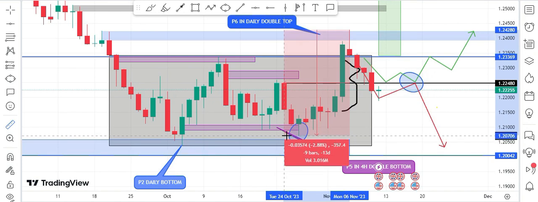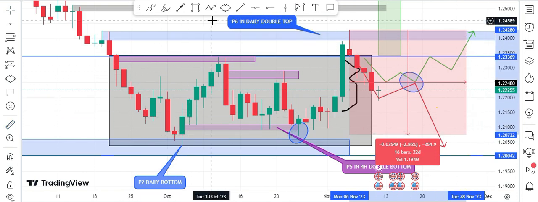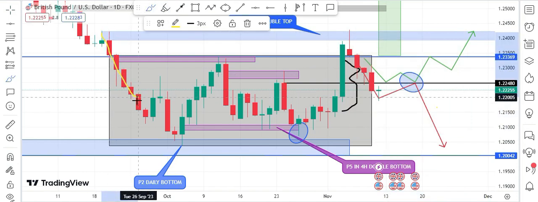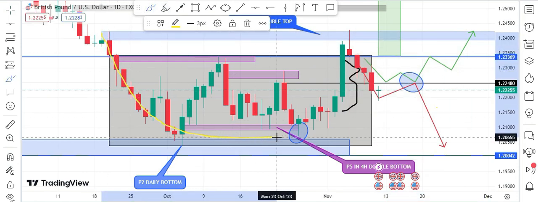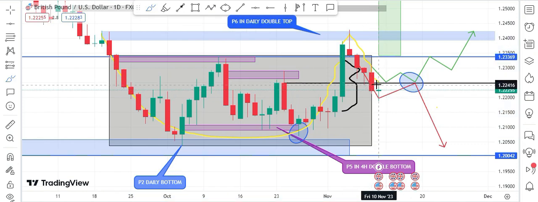If we measure, this black line is the 50%, and we have this scope that it will form this cup and this handle, but it failed now, and the price broke down this black line.